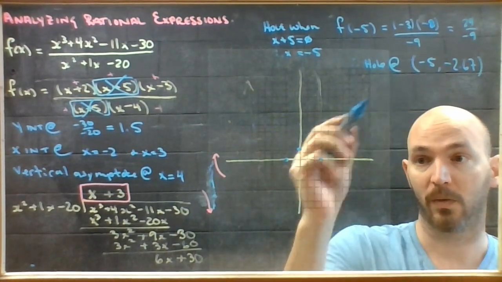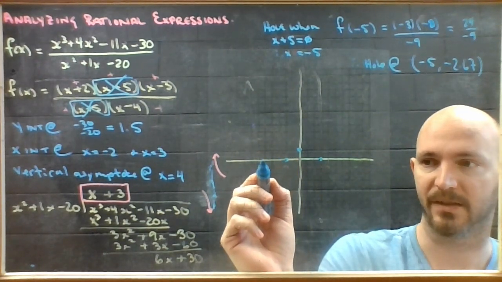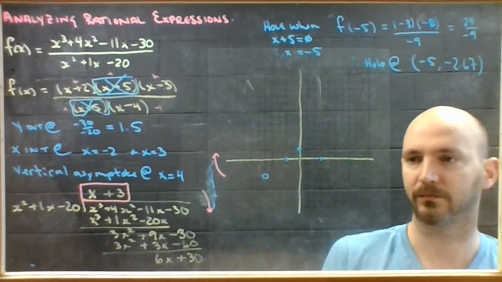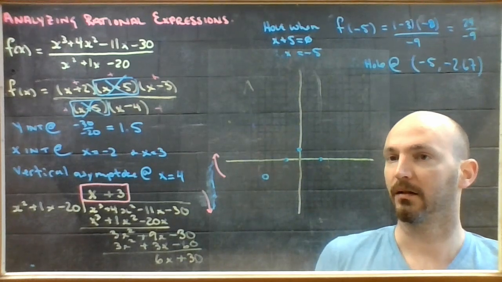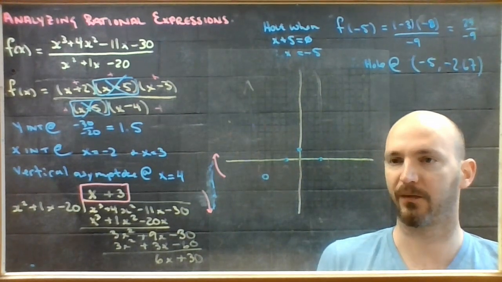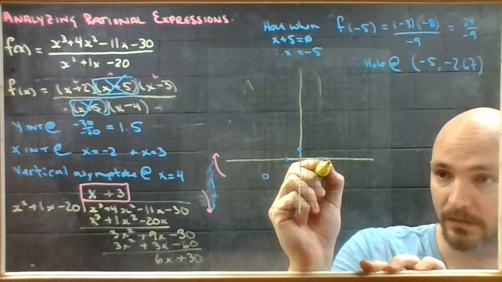I have this hole at minus 5, minus 2.67, that's about here. Then I have a vertical asymptote at 4, that's about here.